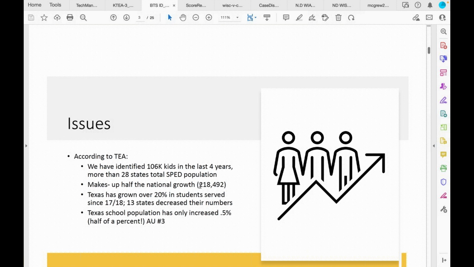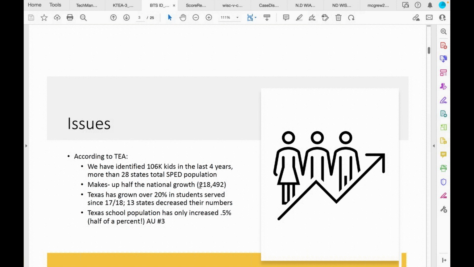According to TEA, we've identified 106,000 kids in the last 4 years, and that's more than 28 states' total SPED population. Now, I've been tracking it for 5 years, but we're putting about 25,000 kids out there a year, and so it's just compounding, kind of like interest does on a credit card. It makes up half the national growth.